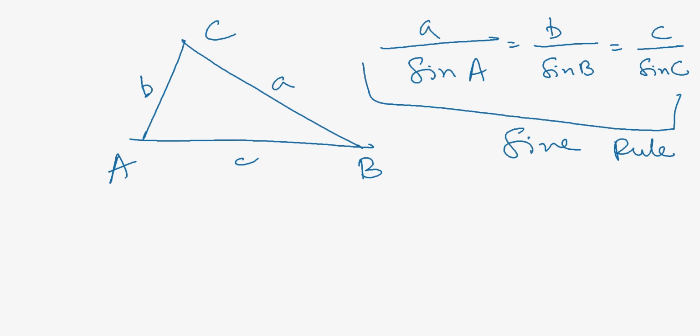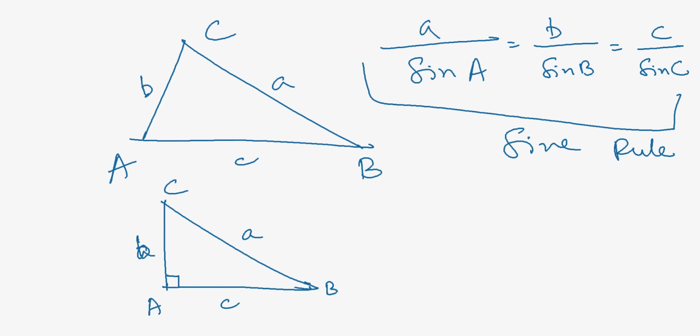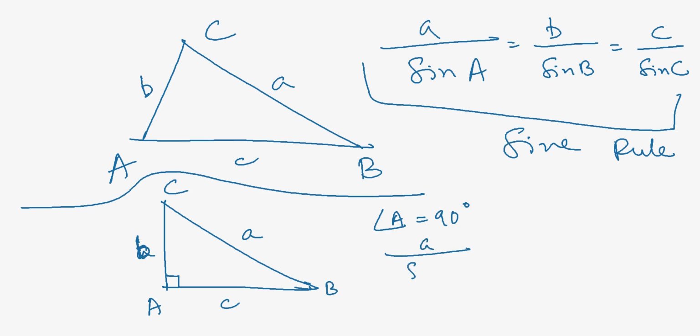Simply, they are an extension. If you convert this into a right angle triangle, a special case, angle A becomes 90 degrees. So a over sine 90 degrees should be equal to b over sine B. What is sine 90?